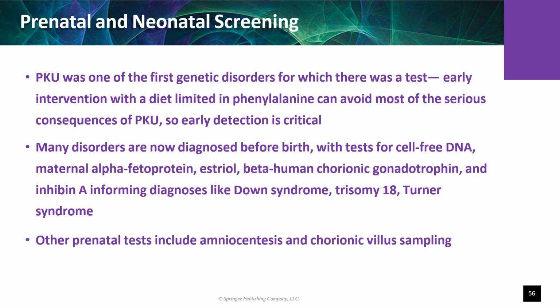For screening in children, there are various tests for genetic disorders. At 15 to 20 weeks gestation, an amniocentesis can be accomplished. At 10 to 12 weeks gestation, chorionic villus sampling can occur.